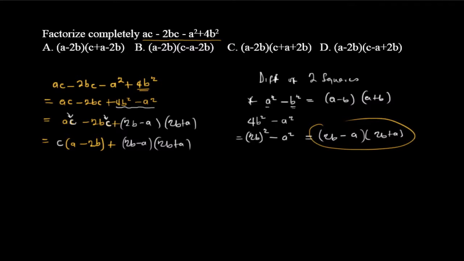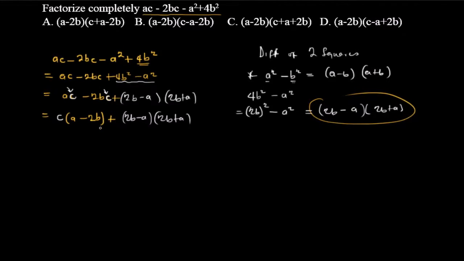Now what you observe here is you have a − 2b, but you have 2b − a and 2b + a. So they don't seem to have anything in common at first sight. I'm going to rewrite 2b − a in a form such that I can factorize the two terms. 2b − a could be written as −a + 2b.